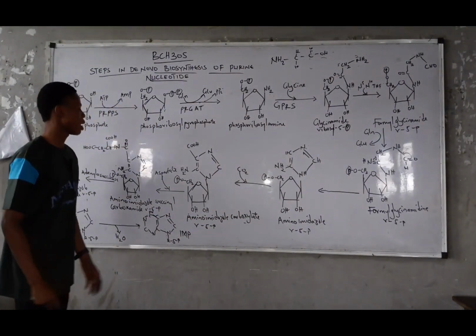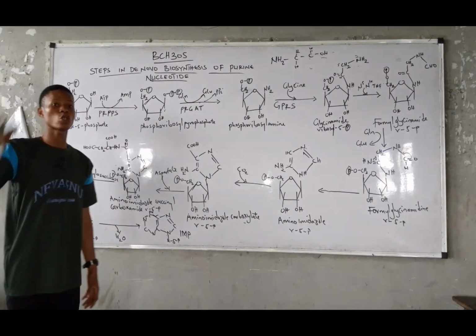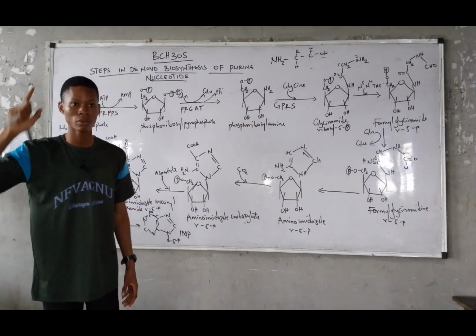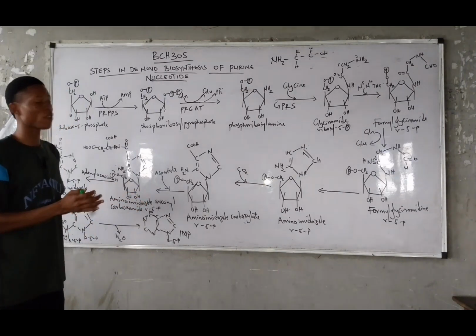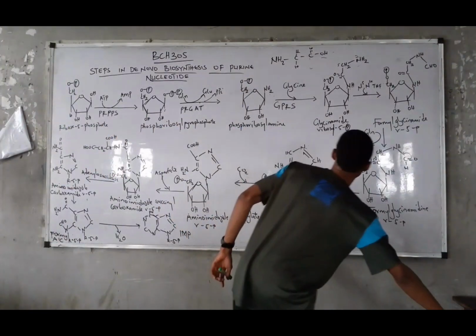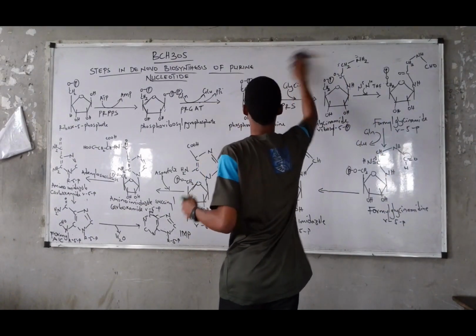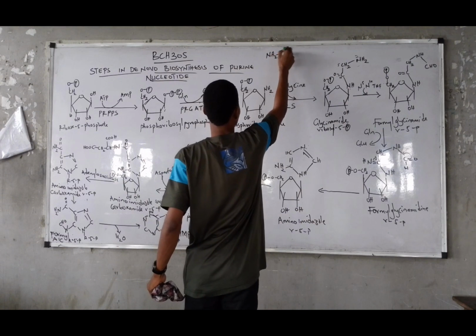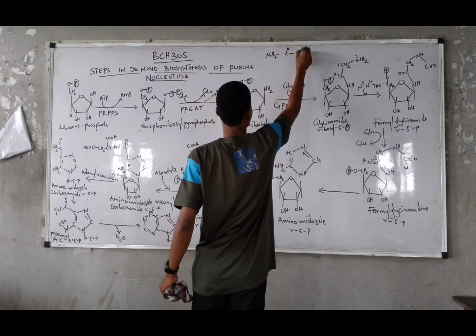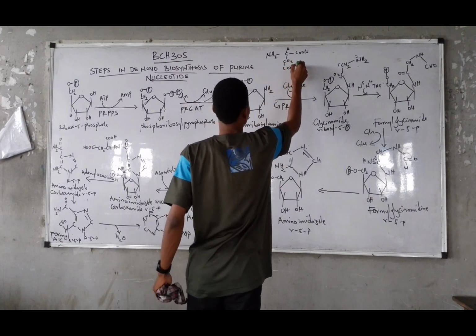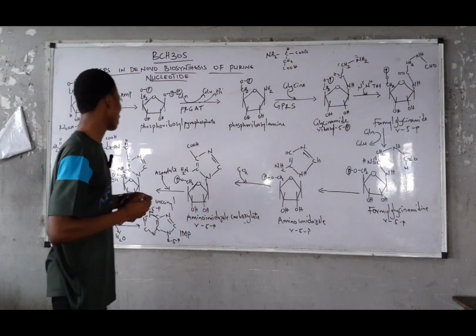The next step after that, aspartate comes in. Remember, aspartate was donating what? Nitrogen 1. The whole of aspartate will come in and attach. If you agree with me, the structure of aspartic acid, right?